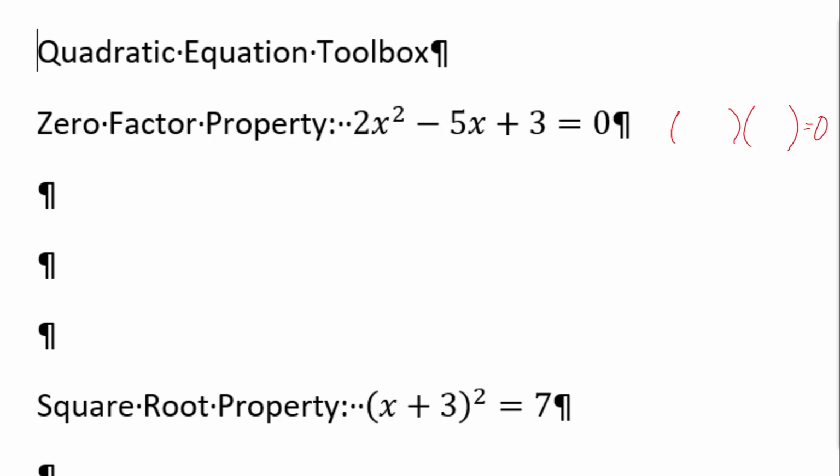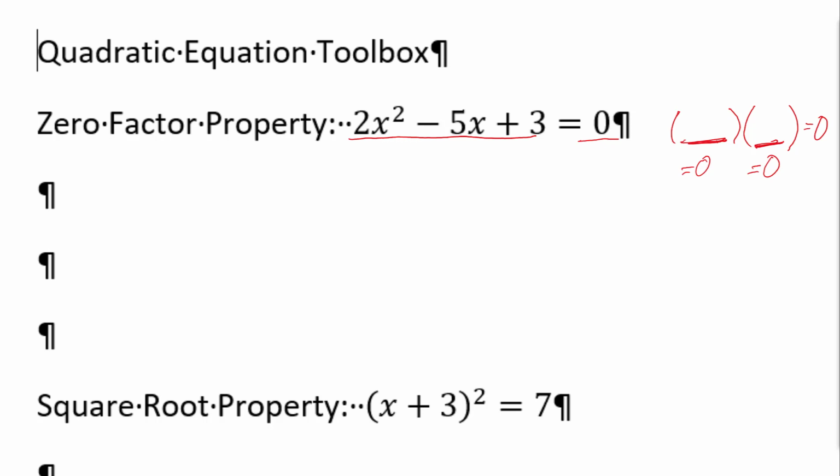This zero factor property comes from the fact that if we have two factors whose product is 0, the only way that can happen is if the first factor is equal to 0 or if the second factor is equal to 0. And this goes for as many factors as you've got. So if we can factor this left side's expression into two binomials whose product is 0, then we can use the zero factor property.